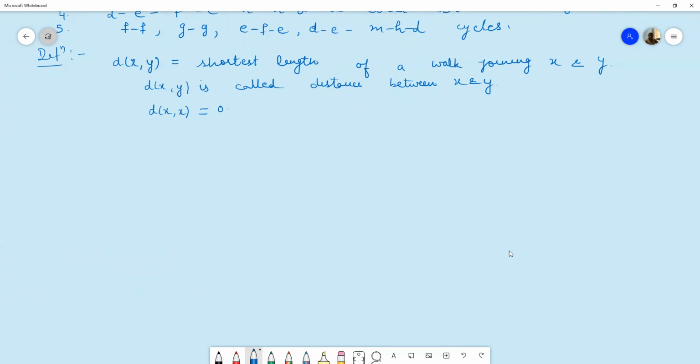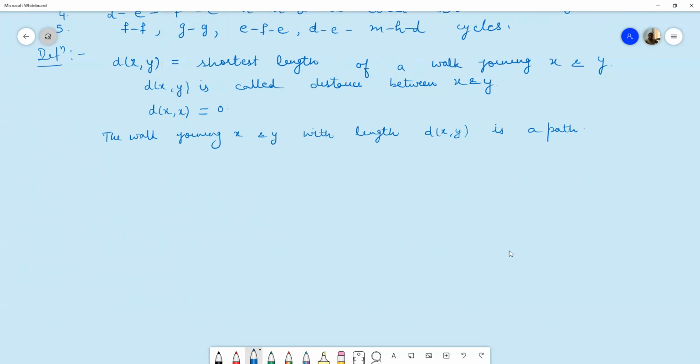So it means the walk joining X and Y with length dxy is basically a path. So it will not contain repeated vertices and will not contain repeated edges.